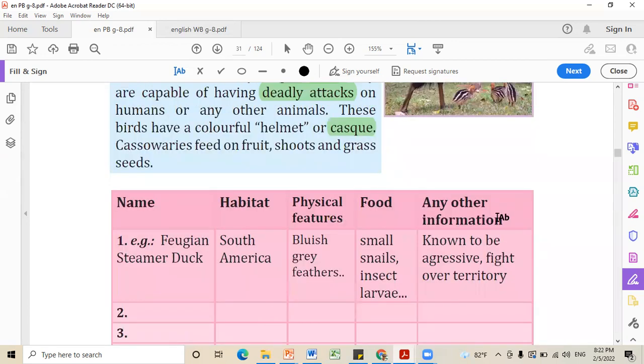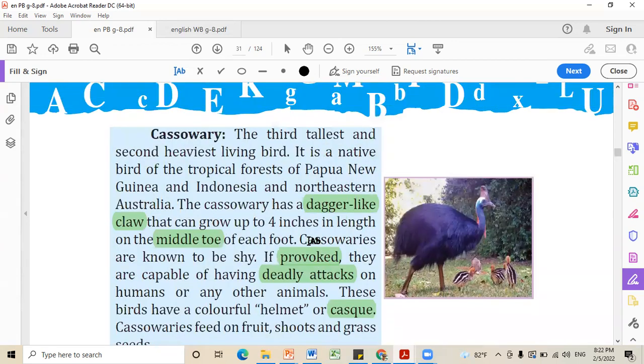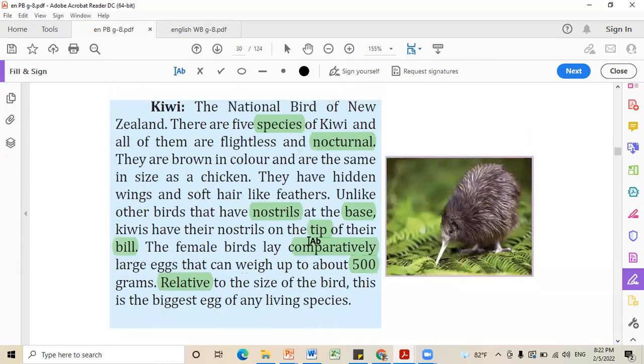Right. And any other information we have not talked about so far? Any other information. So Janit, would you like to try any other information we can find about kiwi here? Yes.